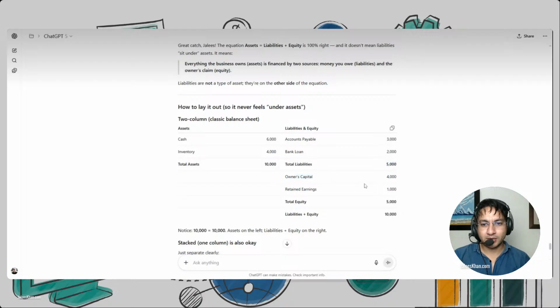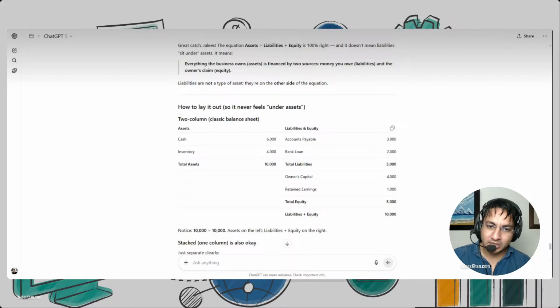Owner's capital, which is the owner's money. So this is what they own. Retained earnings, the profits they earn, they keep in the business. So it becomes the ownership.